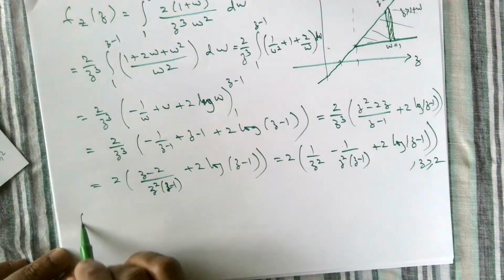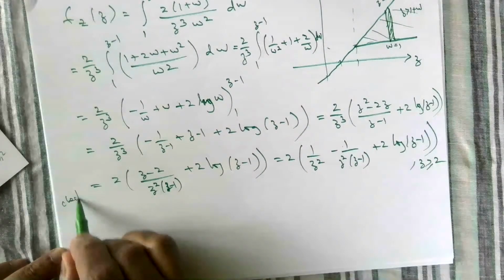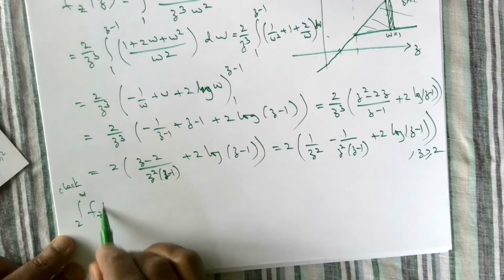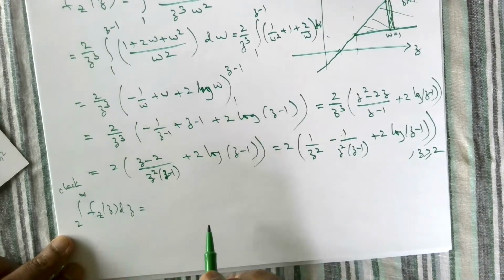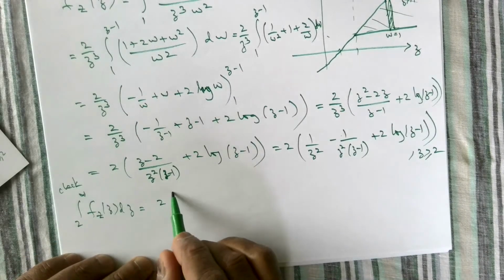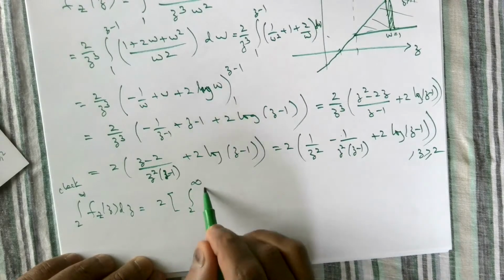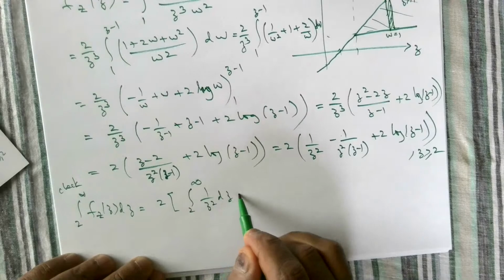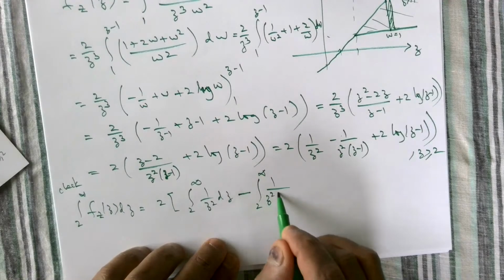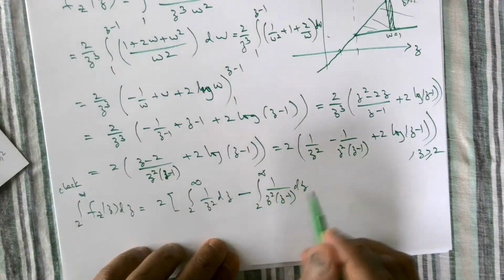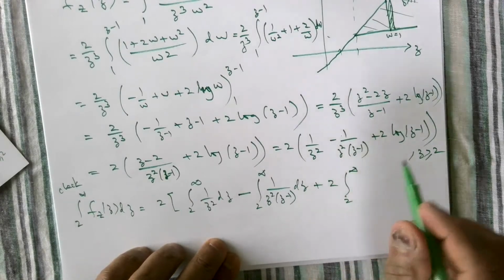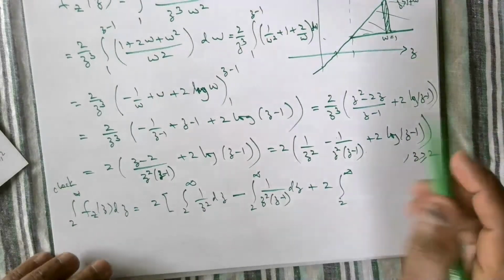Now, let's check the area of this as a check, from 2 to infinity f_Z dz. So this turns out to be 2 multiplied by the integral from 2 to infinity of 1 over z squared dz, which is easy to integrate, minus the integral from 2 to infinity of 1 over z squared (z minus 1). This also you can integrate by partial fractions, plus 2 times the integral from 2 to infinity. So notice that there is a term I missed, the z cubed.